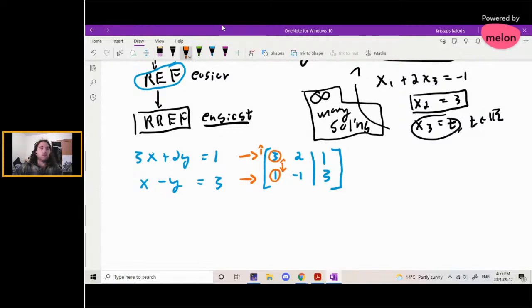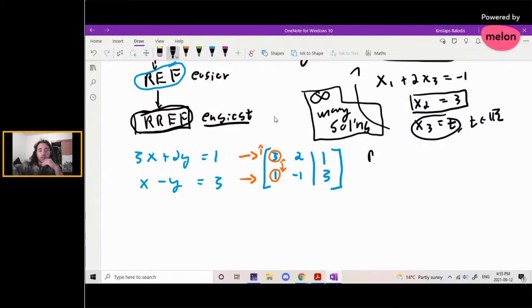Which one? Well, what could we do, right? We have our row operations, those are things we're allowed to do in order to try and get our matrix into reduced row echelon form. So I could either knock out the 3, right?